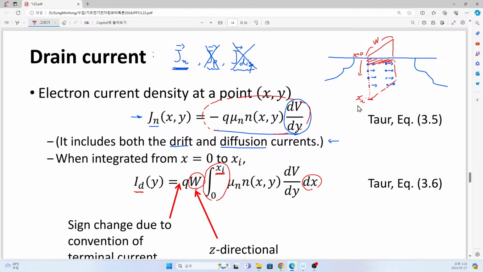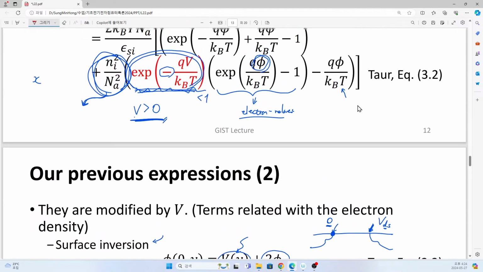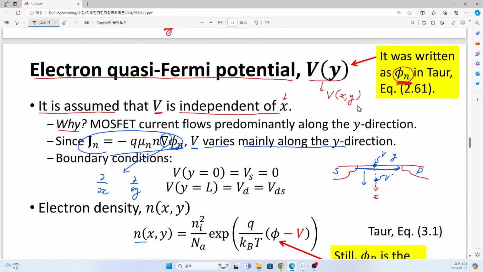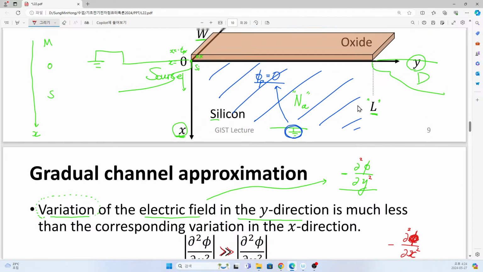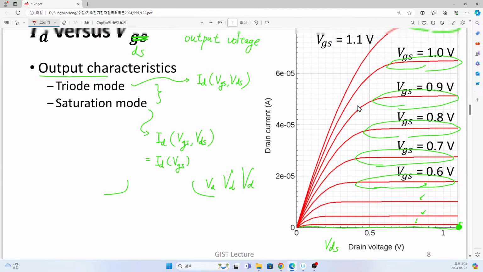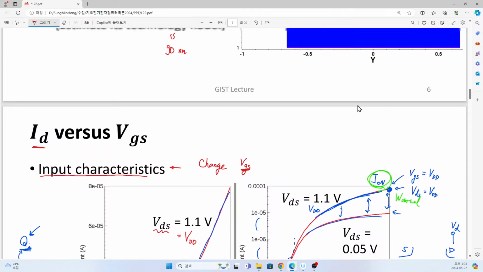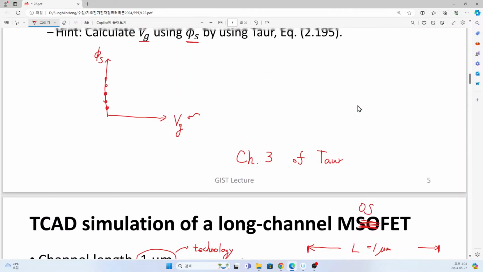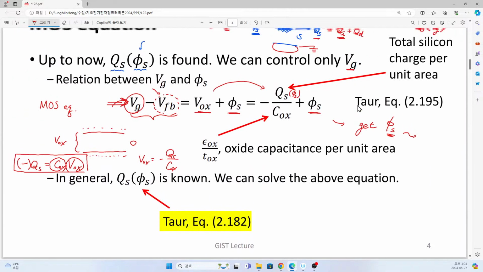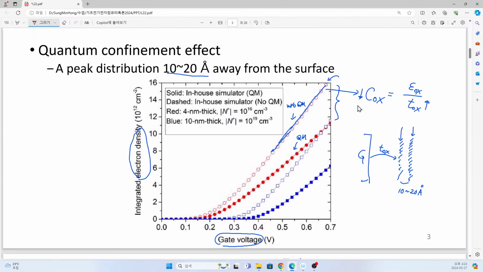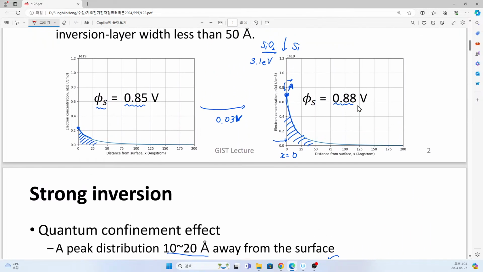For example, if our xi is larger than 100 angstrom, which means 10 nanometer or even longer, then we have almost no electrons in this part.